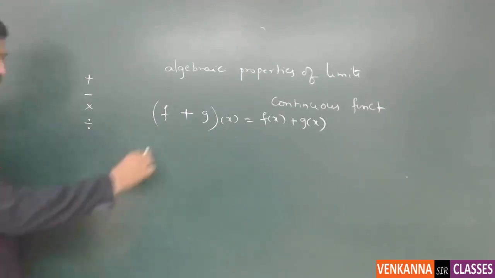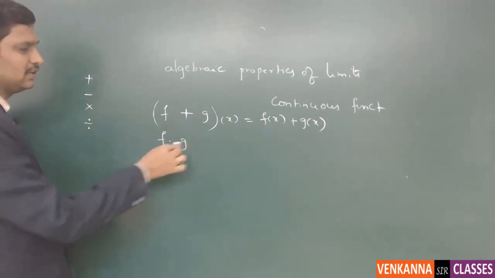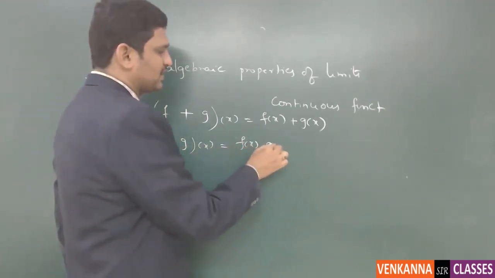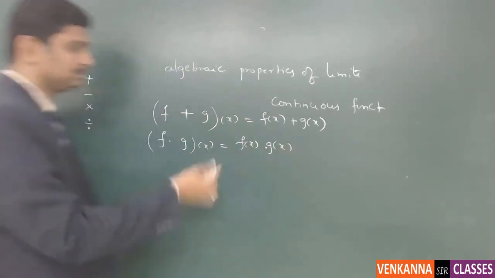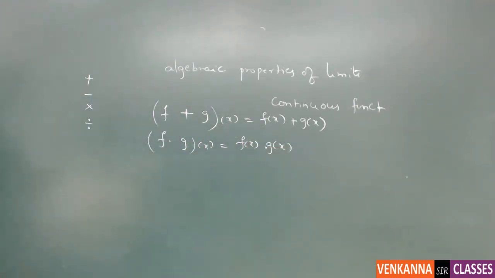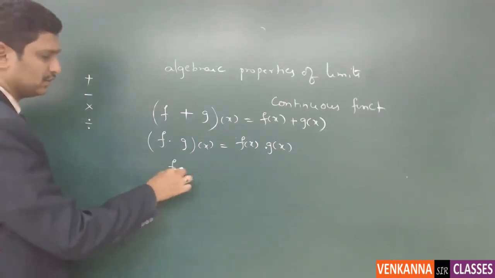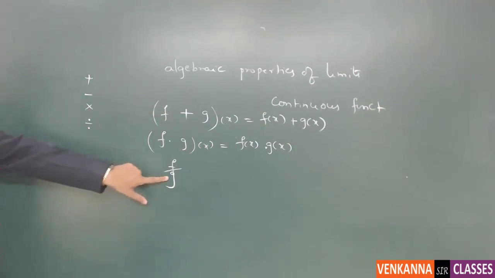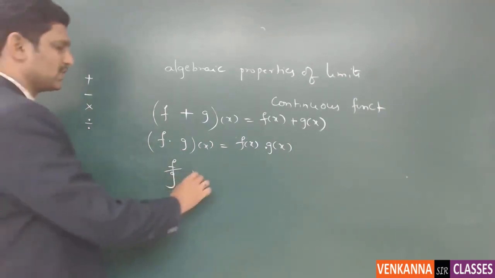So if you take the product of the functions f and g, fg of x will be defined as f of x into g of x. It will be continuous. And we go for the division. If you consider f by g, where the denominator is not equal to 0, then it is also continuous.